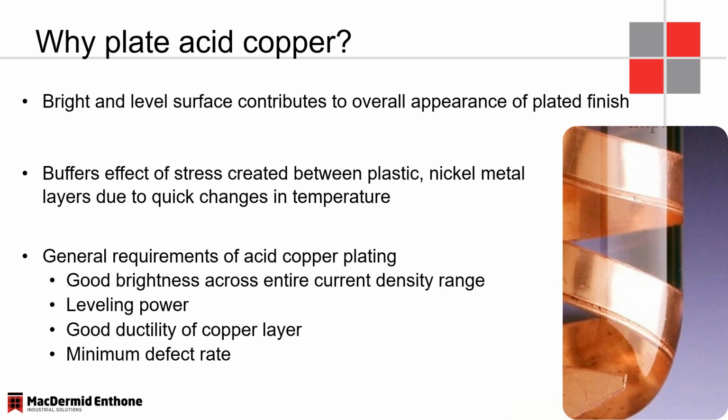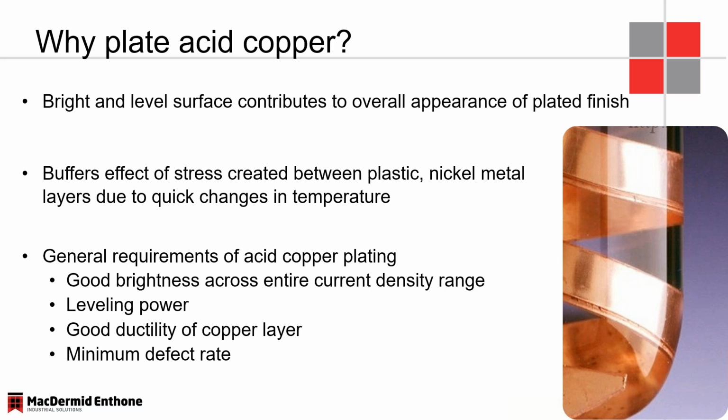We don't want that plated deposit to essentially pop off the substrate. So that's another function of the acid copper, to really buffer it. It's a very ductile deposit, so it allows some expansion and contraction of that part and still allows that plated layer to remain intact.